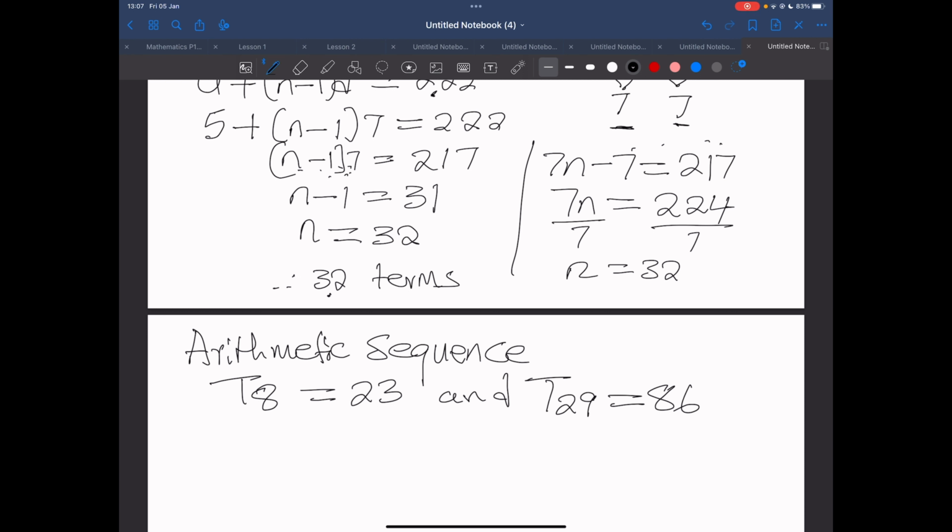We did different ways of doing simultaneous equations in grade 11 and in grade 10. The best here is elimination. We can eliminate the a.